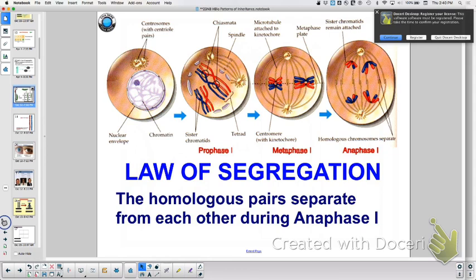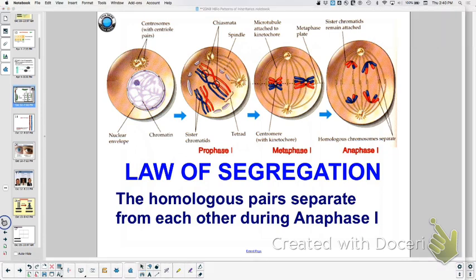That particular law does not get broken in any normal fashion. If you fail to separate, that's called nondisjunction, and there will be issues surrounding that. For instance, Down syndrome, which is trisomy 21, so 3 copies of chromosome 21. That's not a normal thing.